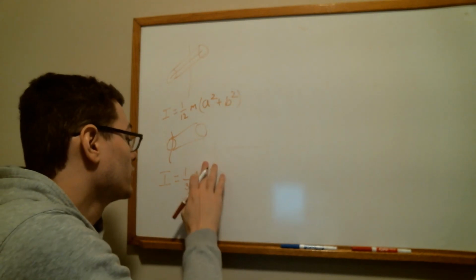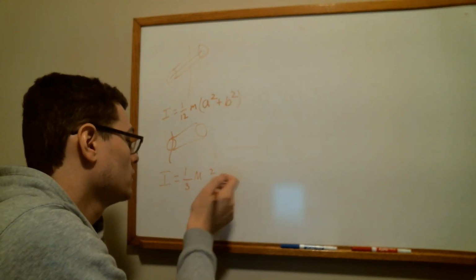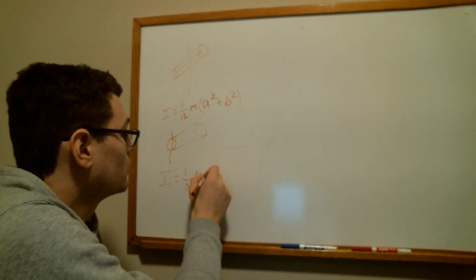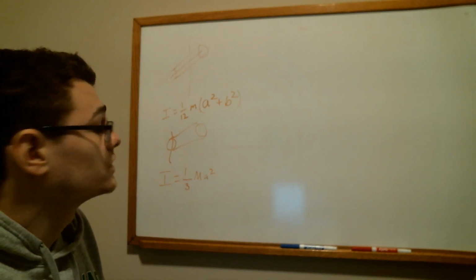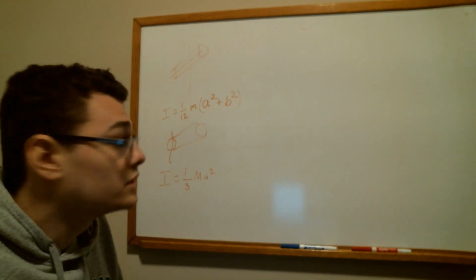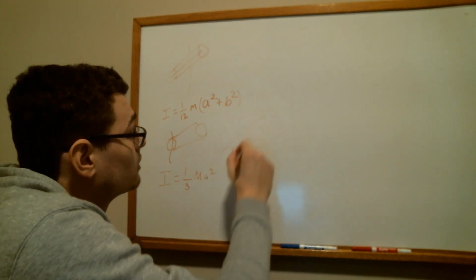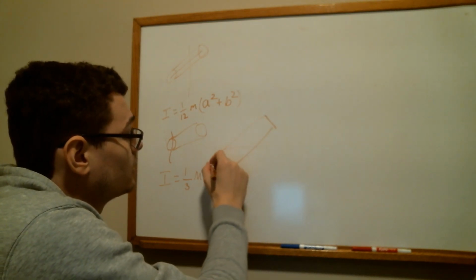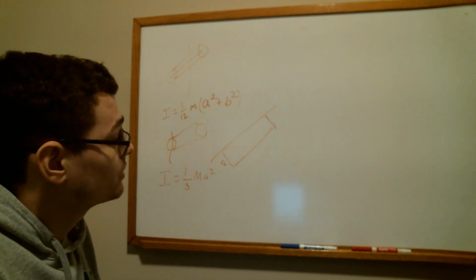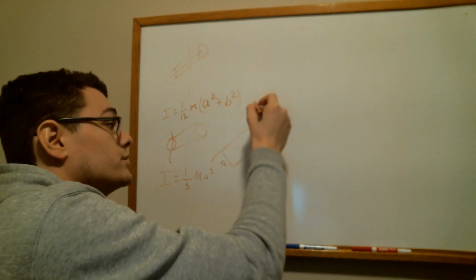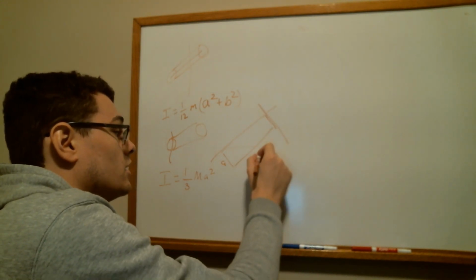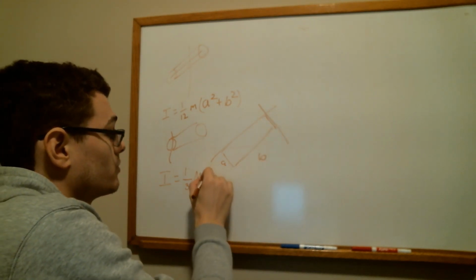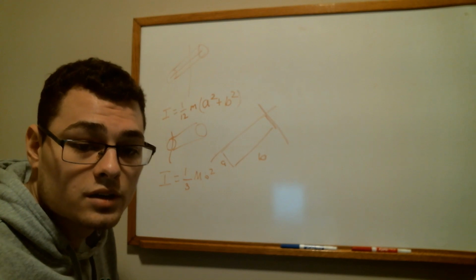And then when it's along the edge, you want to multiply it by a squared in this case. This is for a rectangle like this, where this is a, and you're rotating it along this edge here. But if you want to rotate it around this edge here, then you replace this with b instead of a.